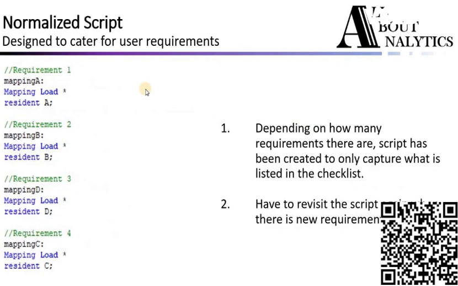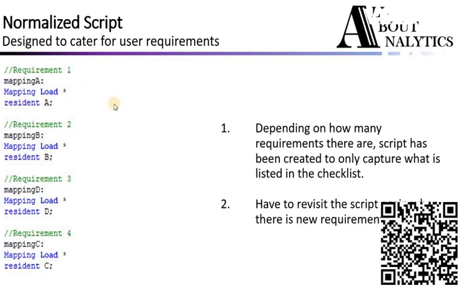So first item here, the script is designed to cater only for the current user requirements. As we can see here, if there are 4 requirements that have been captured in the current situation, we are going to create each of the scenarios line by line. So in this scenario, what if there are future new requirements coming in?